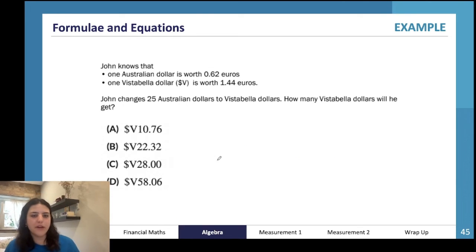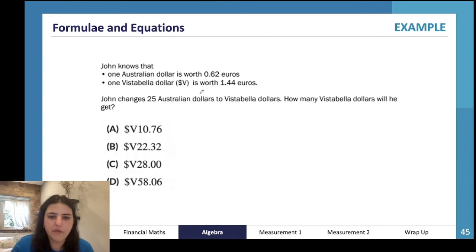Okay, John knows that $1 Australian is worth 0.62 euros and $1 Vistabella dollar is worth 1.44 euros. John changes 25 Australian dollars to Vistabella dollars. How many Vistabella dollars will he get? Okay, so we know that $1 Australian is worth 0.62 euros, but $1 Vistabella dollar is worth 1.44 euros.